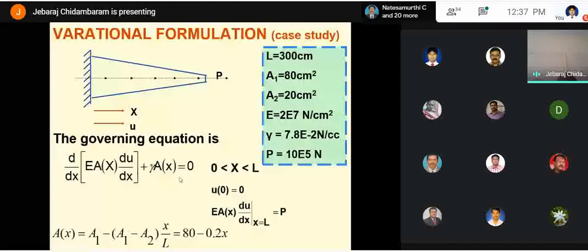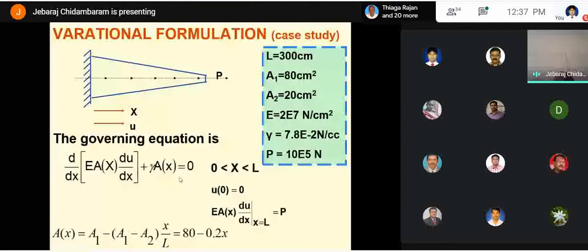The governing equation you already know: d by dx of EA du by dx plus gamma A equal to 0. The boundary conditions are: at x equal to 0, u is equal to 0, and at x equal to L, reaction force equals applied force. The area varies linearly from A1 to A2, and I fitted a curve for it, which is for the problem for which I am going to find an approximate solution.